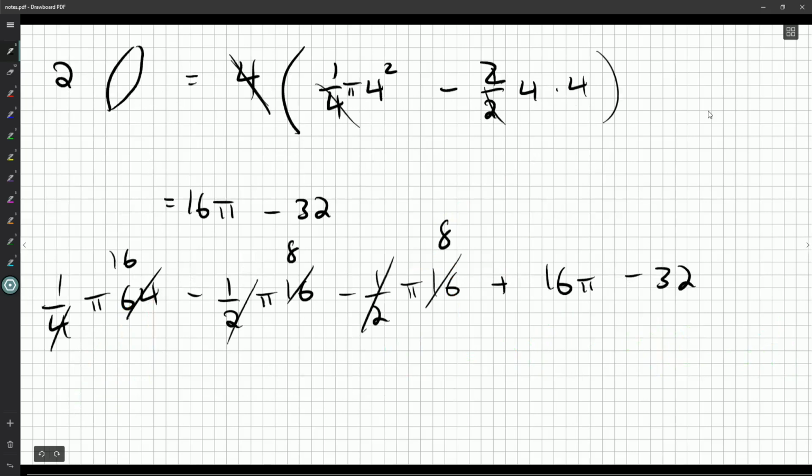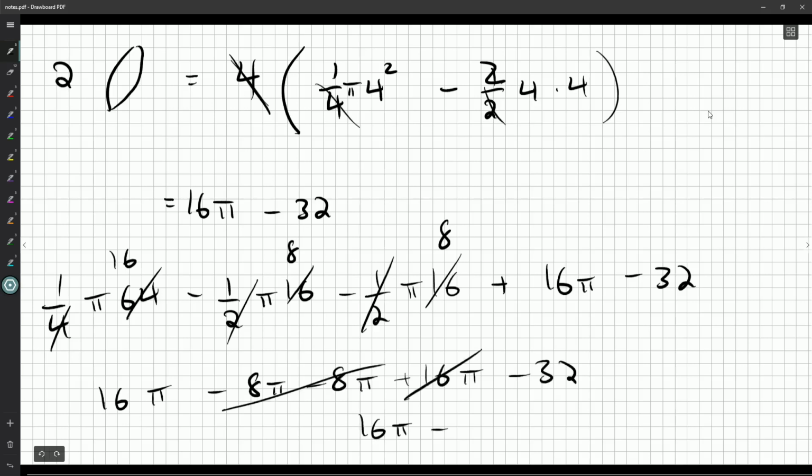Again, an 8. So I get 16 pi minus 8 pi minus 8 pi plus 16 pi minus 32. The 2 8 pi's and a 16 cancel out, leaving 16 pi minus 32. Okay, so that's the area that's left over.